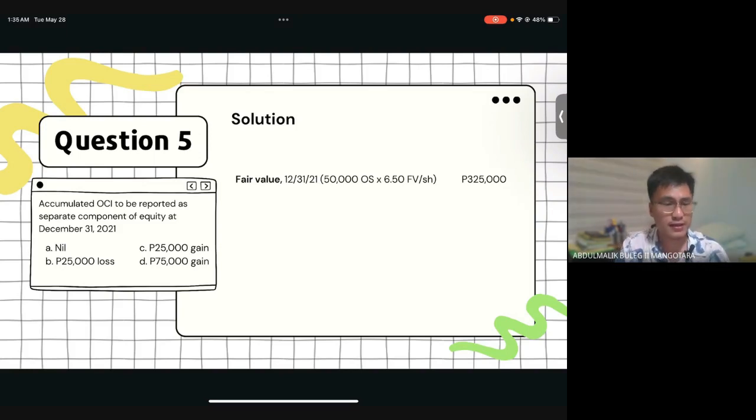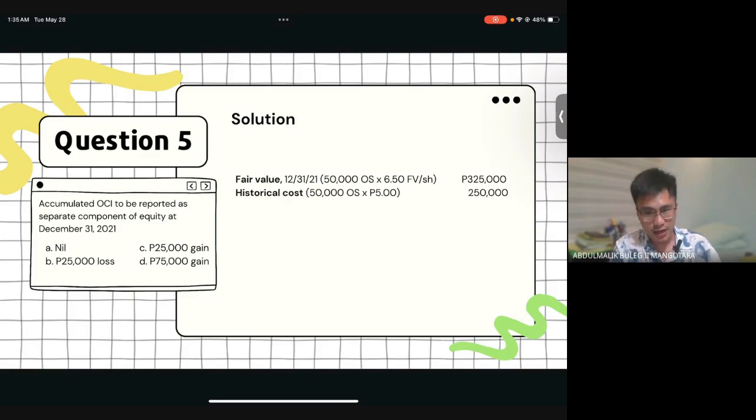In order to get the fair value as being asked in the problem, December 31, 2021, let us use the fair value per share at year end, December 31, 2021, 6.50 per share. So that is being multiplied by the acquired shares of 50,000 and the product is 325,000.